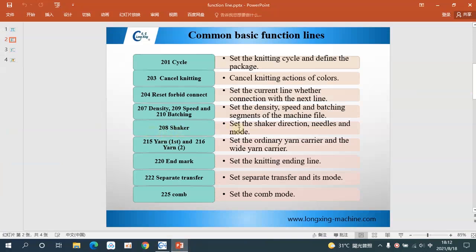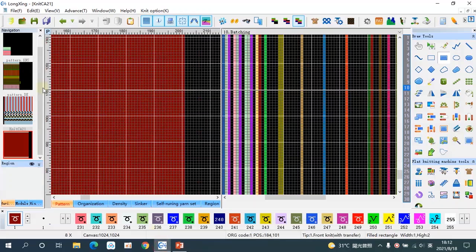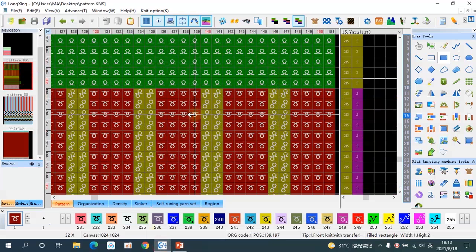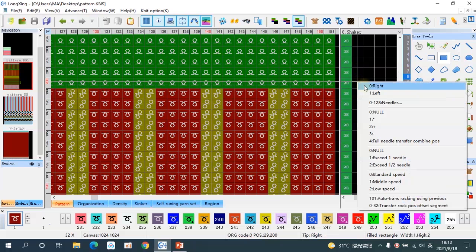208 shaker. Set the shaker direction, needles, and mode. Now in this pattern, in function line 208, right-click. Now you can see the first row you can set the racking direction.